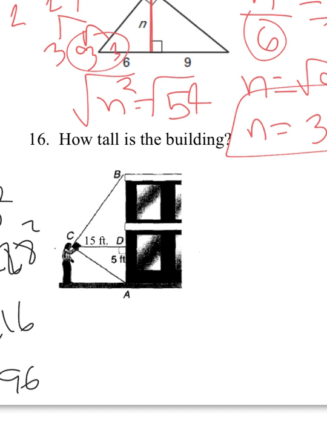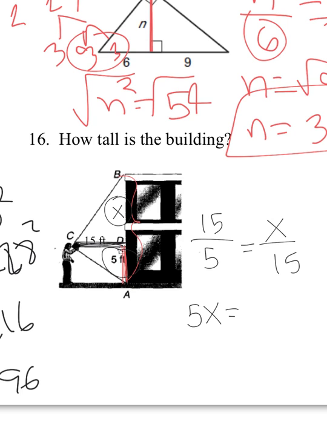Last one, how tall is the building? So don't forget, first of all, how tall is the building? You're looking for this whole thing. There's already this 5 here. You need to find BD. Now, it's another geometric mean problem like you just did, but there's not a variable here. This, the 15, is the geometric mean between this piece and this. So you're going to have 5 and x.